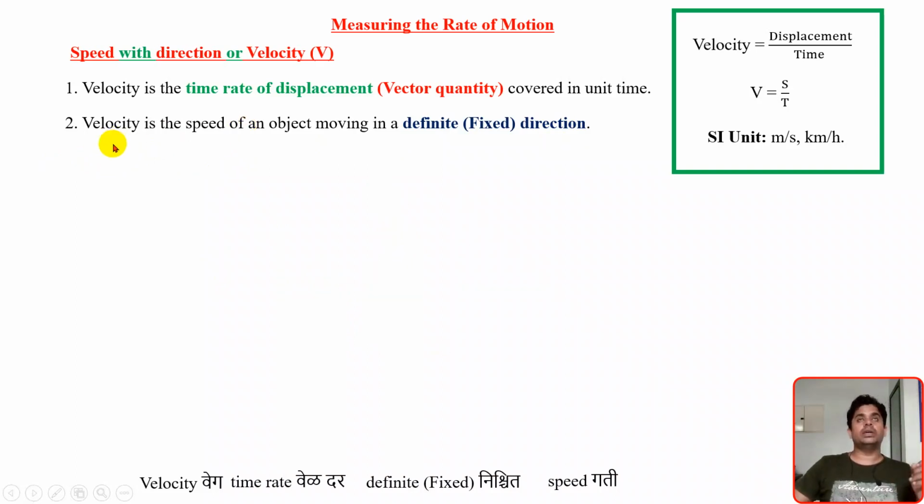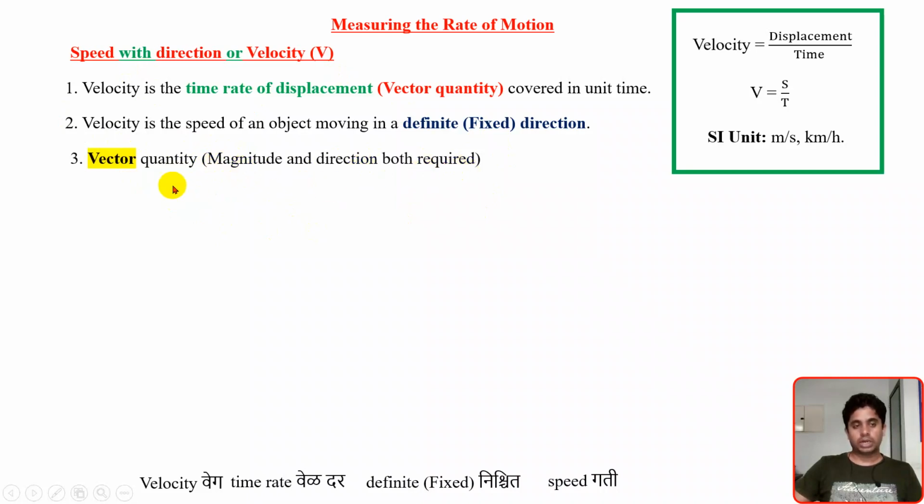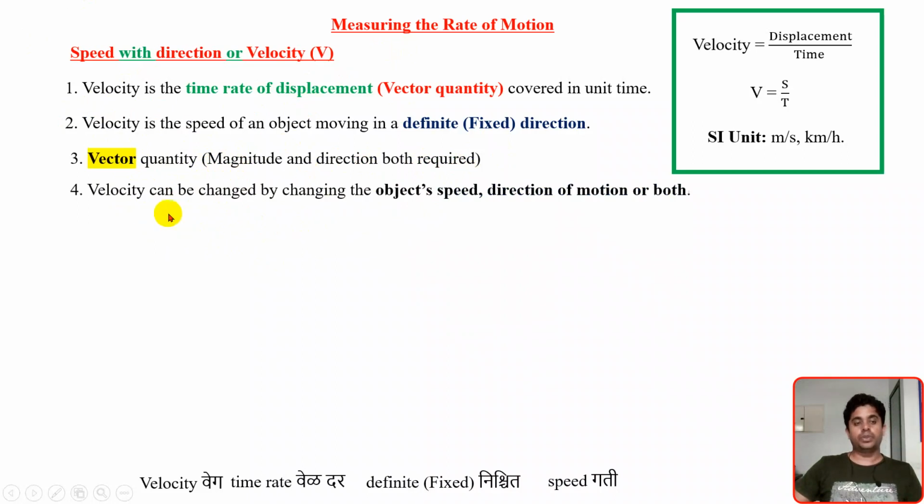So velocity is speed only, but the speed has to be mentioned with a certain direction, right? So velocity is a vector quantity. It requires magnitude and direction both. So velocity and displacement are vector quantities, and there we should mention magnitude and direction also.